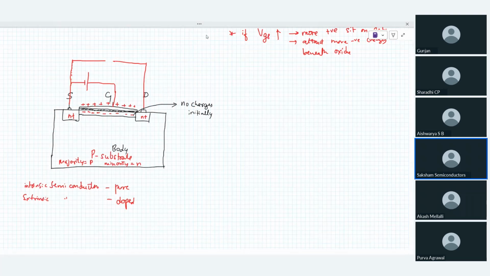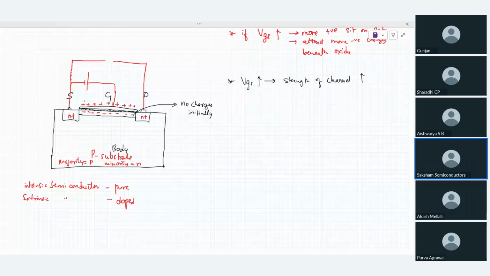Now, the question is how exactly it is going to help my conductivity, or basically how it is going to act as a device which ensures the current is flowing through it. Yes, as you all know, when you start increasing VGS, the strength of the channel increases.